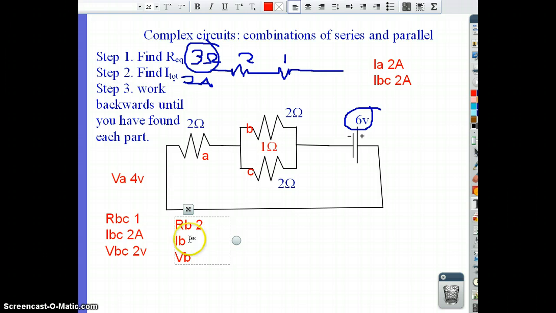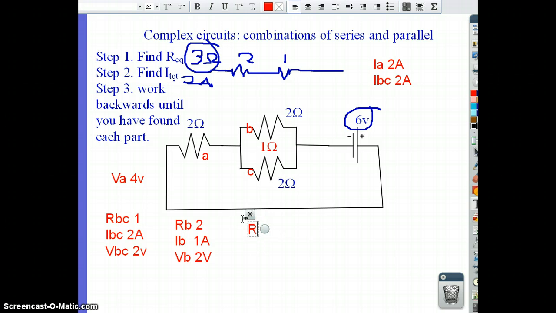If the voltage on BC is 2 volts, the voltage along each branch is 2 volts. So there's 2 volts up top, 2 volts along the bottom. Current B then. Well, I equals V over R, so 2 over 2 is a current of 1 amp. And that'll make a lot of sense in just a second when we make a comparison with C.